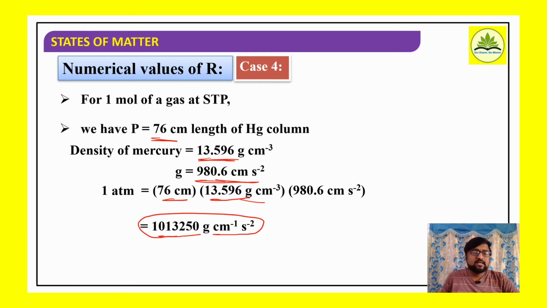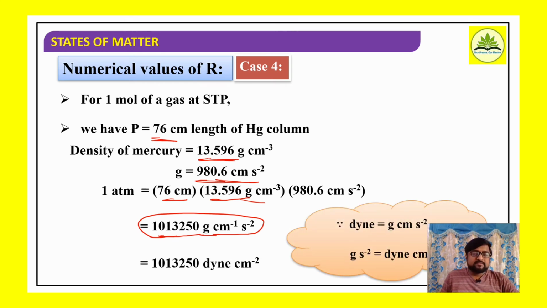So here 1 atmosphere is expressed in the CGS system. 1 atmosphere is equal to 1013250 gram per centimeter per second square. In terms of dynes, since 1 dyne is equal to gram centimeter per second square, this value is expressed in terms of dynes.